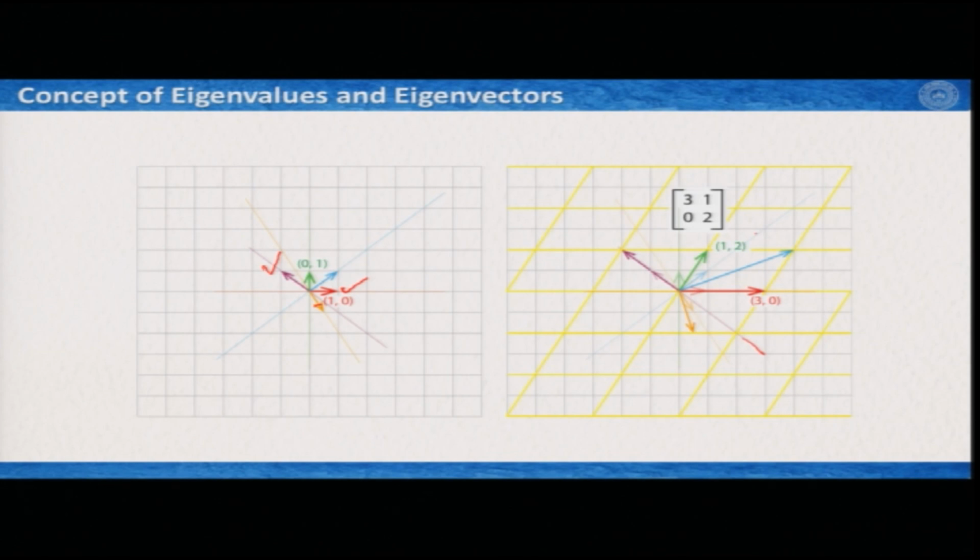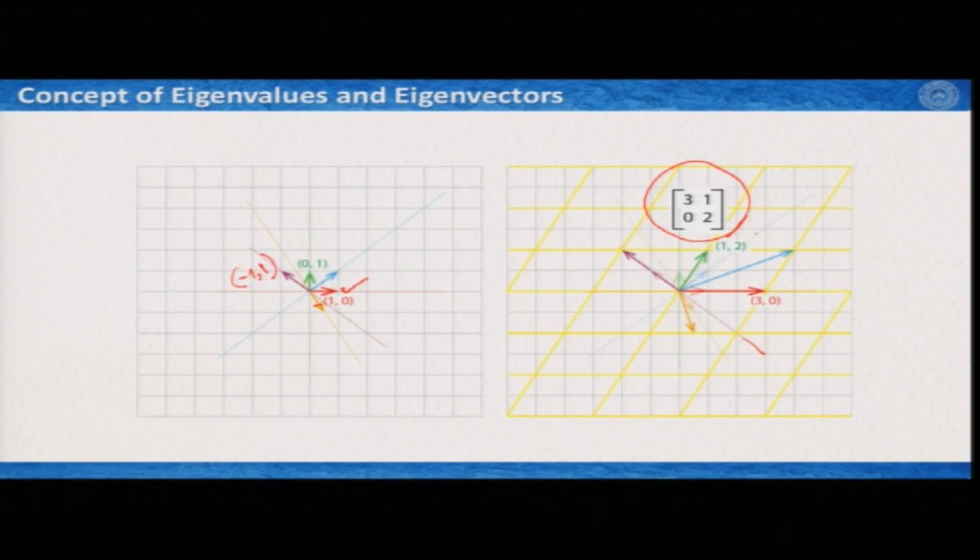So, we can consider that these two vectors, this 1 0 and -1 1, the purple one, are characteristics for the application of this deformation matrix.